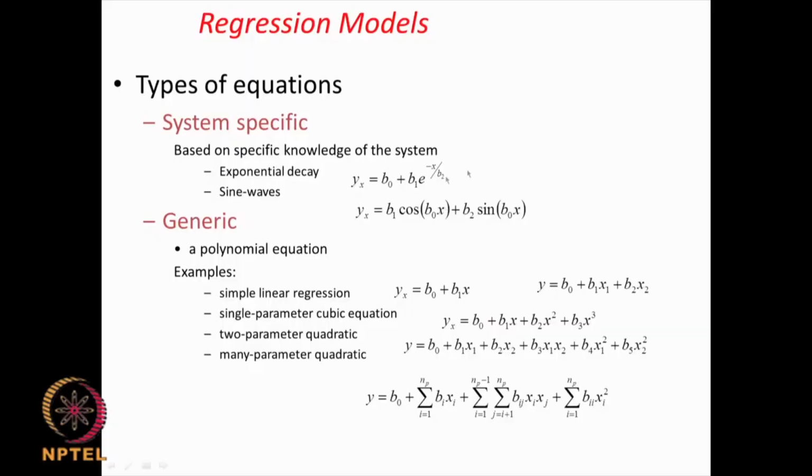Sine waves, you can have cos and sine, or you can fit a polynomial relationship, simple regression, b0 plus b1x, b0 plus b1x1 plus b2x2, or a single parameter cubic, x square, x cube, or two parameters x1, x2, then x1x2, x1 square, or you can have a large number of parameters. So, different types of models are possible, and finally the idea is to get all these constants. These b's are all called constants actually.